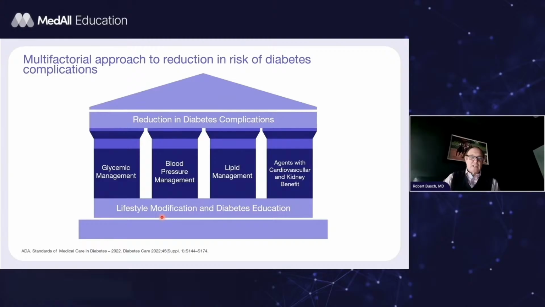Now, how do you reduce diabetes complications? Well, you need improved glycemic control with drugs that are heart smart or renally smart, good blood pressure management, also with drugs that are renally smart, and aggressive lipid management, particularly if the patient has atherosclerosis.